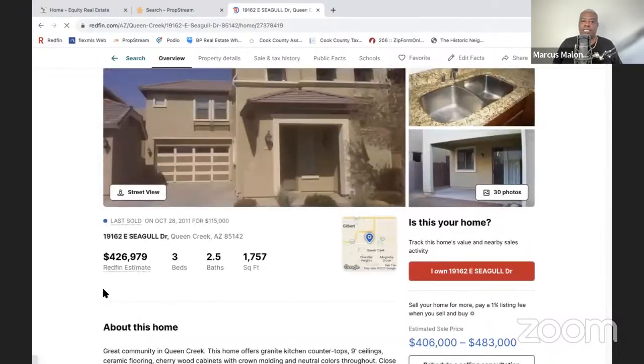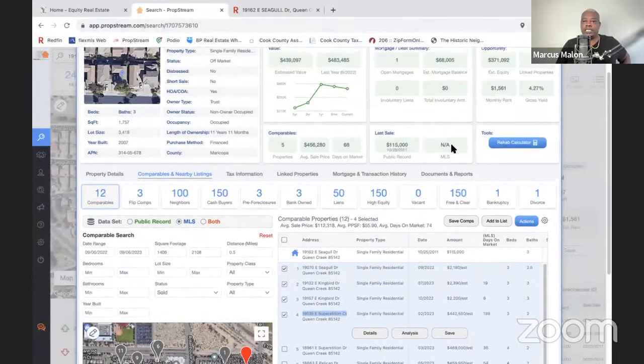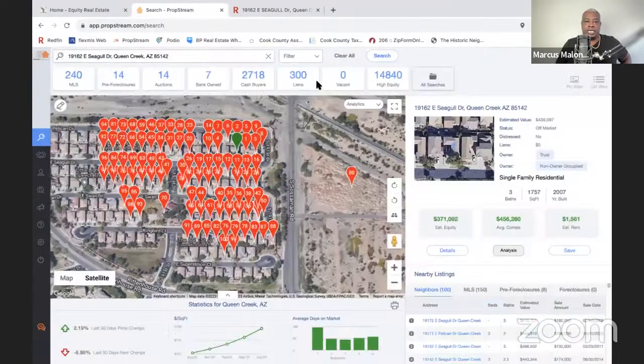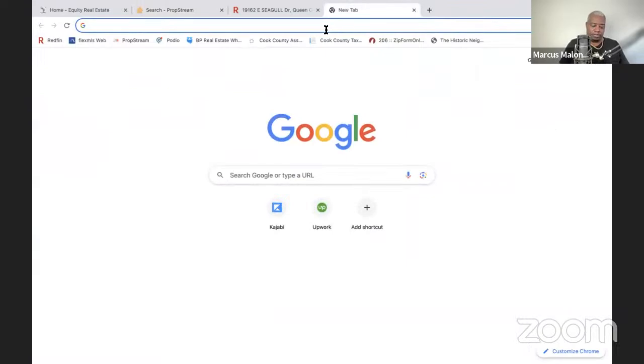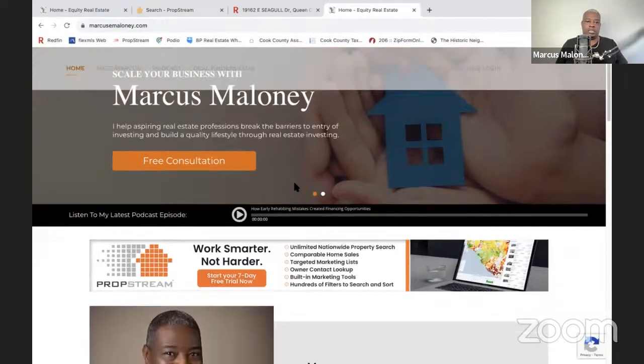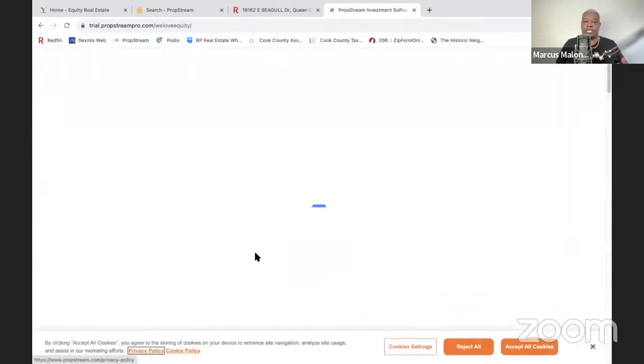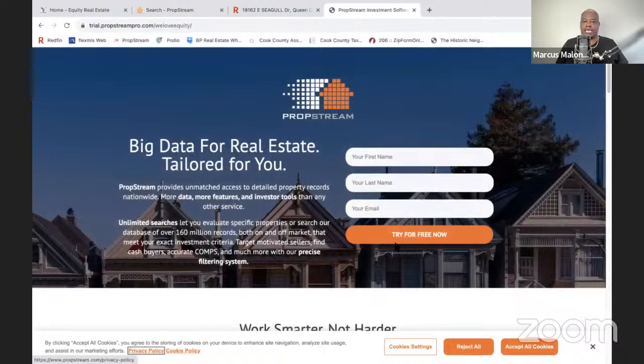So these are just a few ways that you can comp properties with absolutely no access to the MLS. Remember, one is PropStream. Again, you can go to my website and get it here. It's a free 7-day trial. Just sign up.